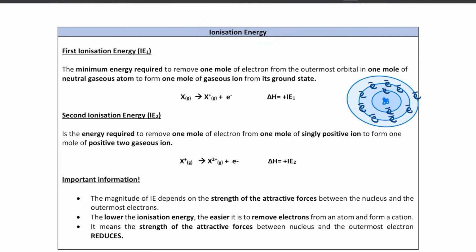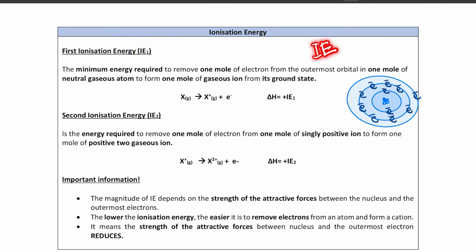So before this, kita dah jumpa ionization energy, cuma kita just belajar definition, kita faham what is ionization energy. Okay, but in this chapter, kita deep sikit, kita pergi kepada first ionization energy and second ionization energy. So first ionization energy, saya simplified dia as IE1.